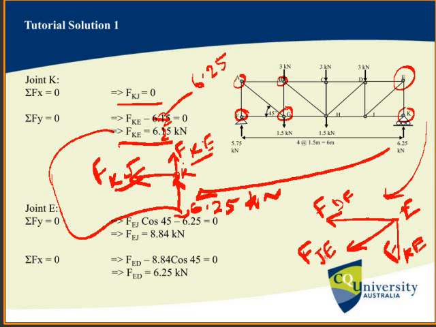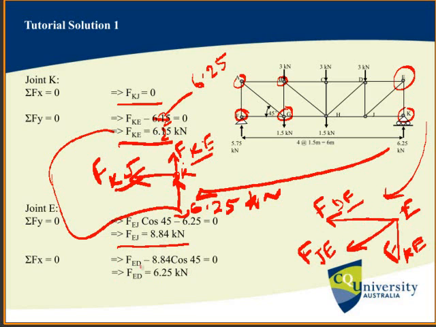And now calculate the vertical forces of JE. FJE cos 45 minus 6.25. After calculating that, we will find the value of FJE. Next, applying the equilibrium equation for sum of x equal to 0, we have to consider only forces of the member DE and the horizontal forces of member JE.